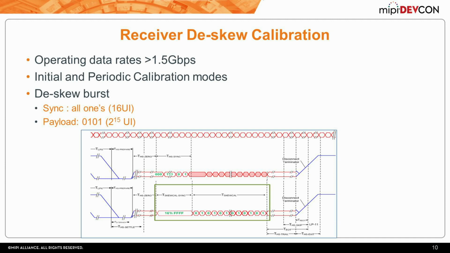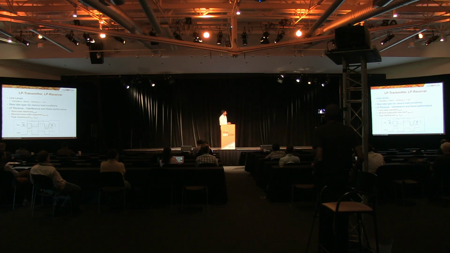Designers felt that the existing 1.1 designs had enough margin to push the envelope a bit further by just including an additional feature, de-skew calibration, where a de-skew calibration pattern burst is sent from the transmitter, and during this time the receiver readjusts the skew of the clock it has been receiving, to make more accurate decoding of the bits.